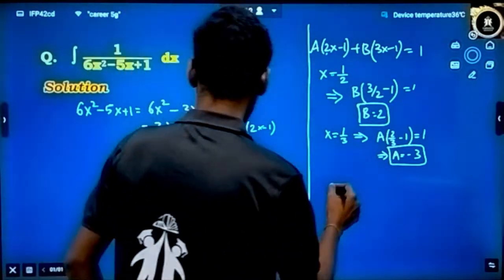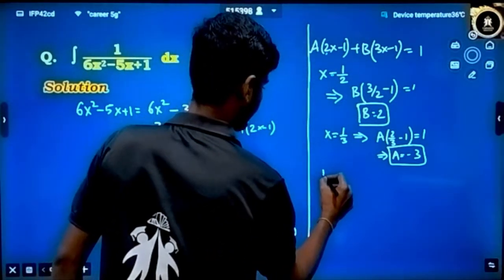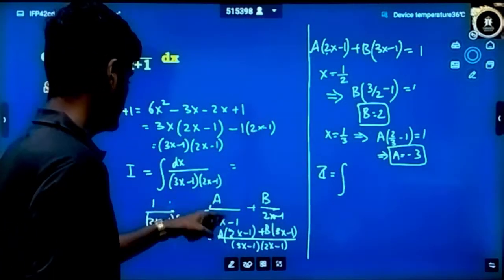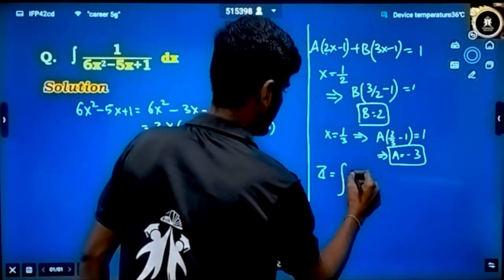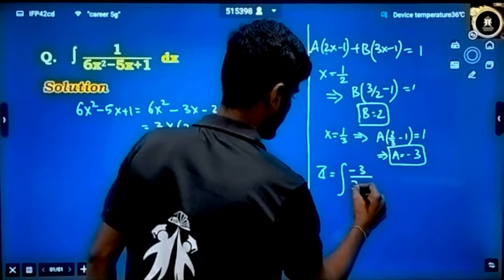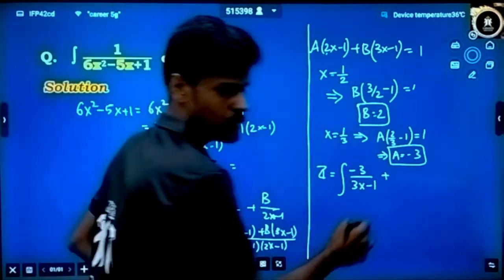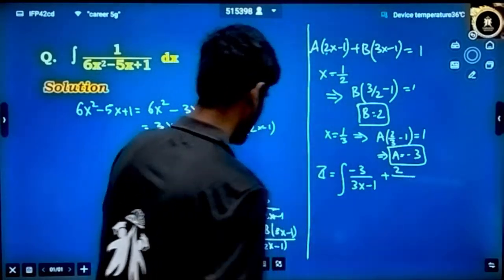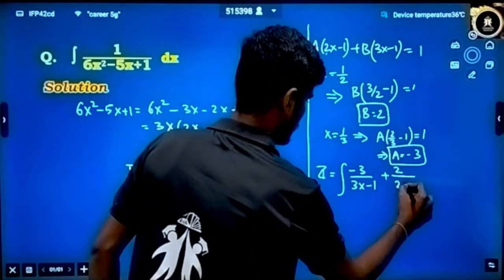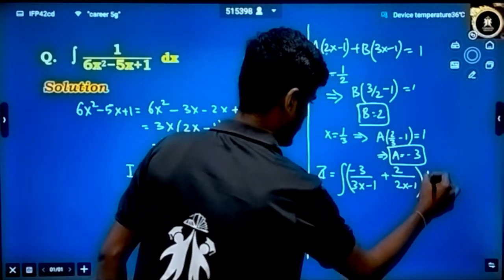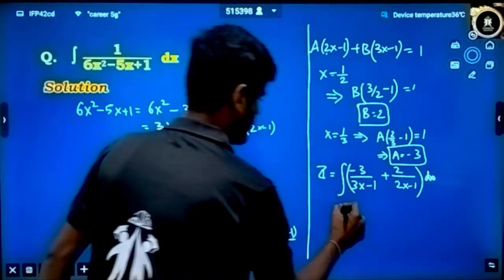Now what will be the integral? The integral will become integral of a by 3x minus 1, that is minus 3 by 3x minus 1, plus b by 2x minus 1, where b is 2, dx. Now what is the value of this?